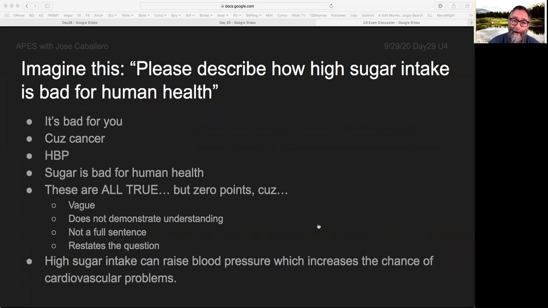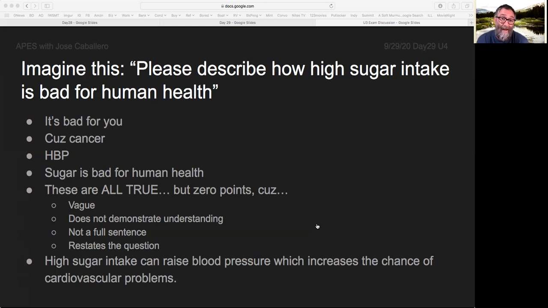I need to point out that all four of those answers are correct, but they would get zero points because "it's bad for you" is vague. That's something that any child would say. It sounds like you're guessing. I don't know, it's bad for you? Because cancer could have a correlation, but if you can't explain it, you don't know it. The test can show us that you don't know it.